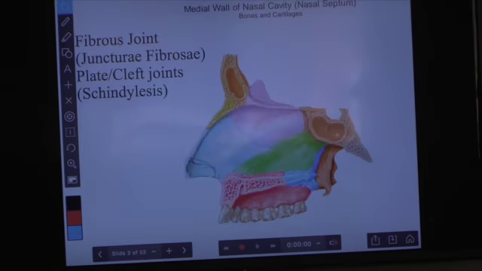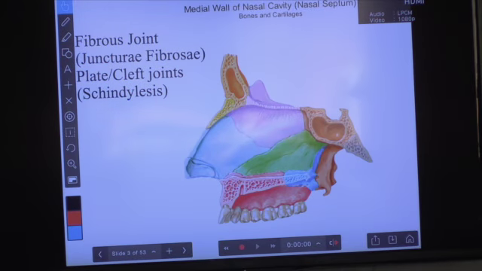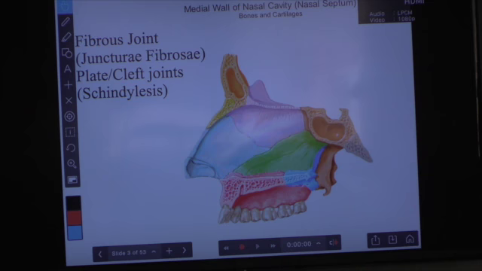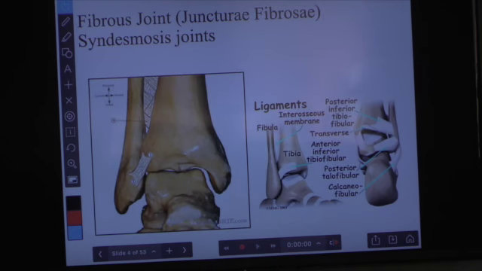The third type of fibrous joint are cleft or plate joints, also called synchondrosis, found mainly in the septum area. Are they movable or immovable? Very slightly movable. And the last type are syndesmosis joints, which are the most movable of the fibrous joints.